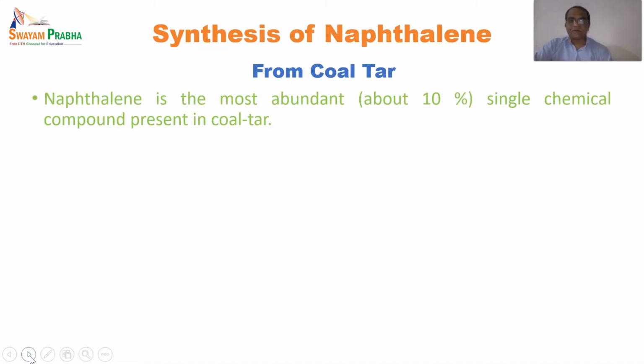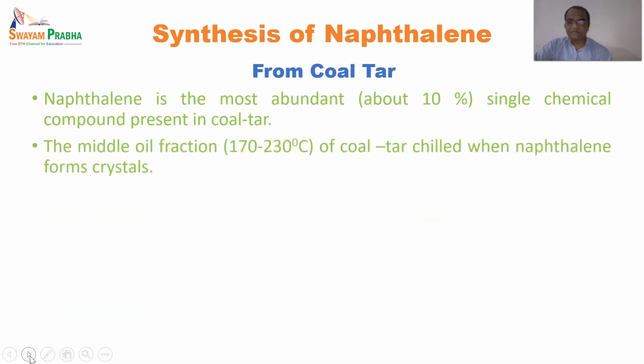Naphthalene is the most abundant single chemical compound present in coal tar, almost 10%. The middle oil fraction of coal tar, at a temperature of 170 to 230 degrees Celsius, is chilled, and after chilling it forms naphthalene crystals.